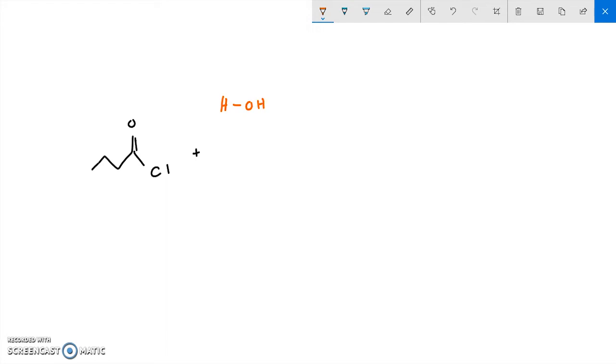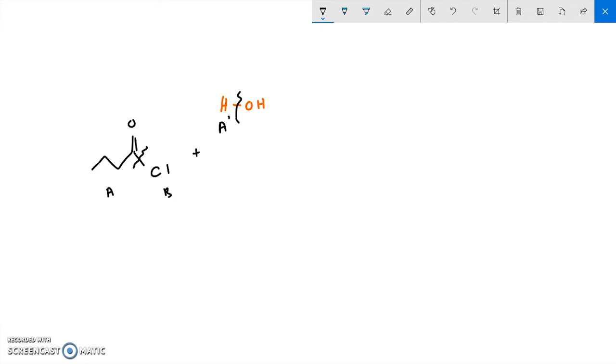Before we proceed with the products, we need to identify which is the A, B and also A prime, B prime part. For this structure, the A part belongs to the C double bond O with the alkyl attachment, meaning we divide the structure here and assign this as A, and the Cl will become B. For the water, again we divide it into 2 parts, whereby the H will become the A prime.